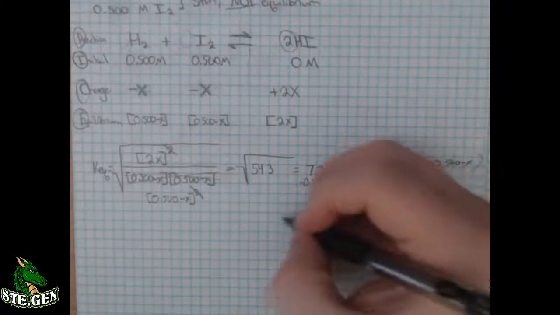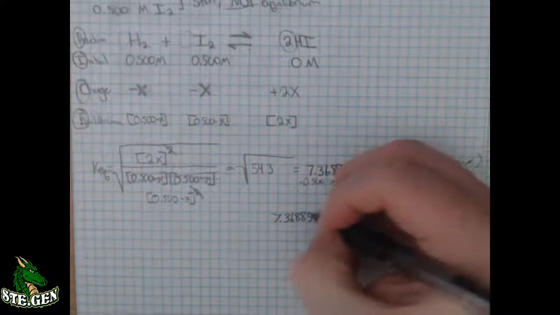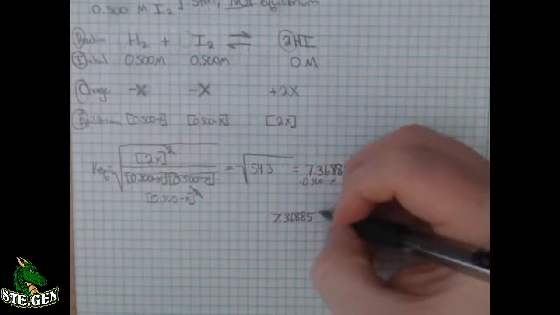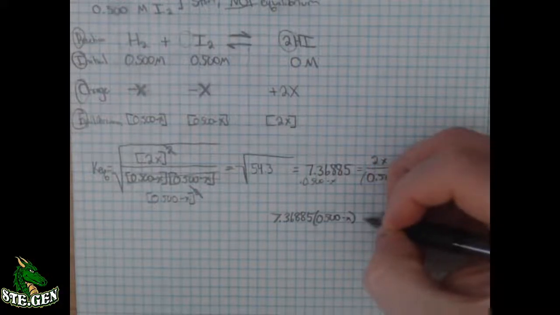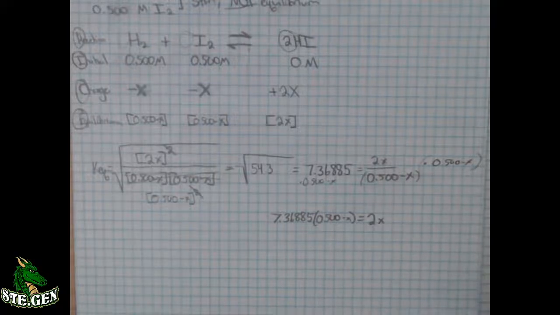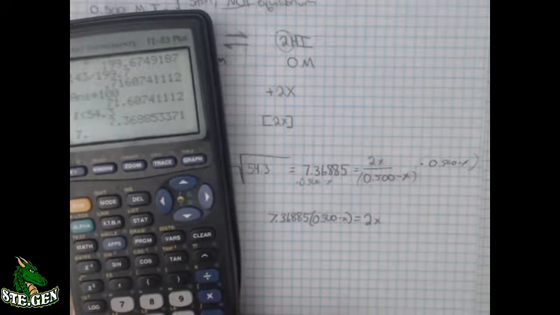We will get 7.36885 times 0.500 minus x equals 2x. We're going to distribute this to both pieces. So I'm going to shorten it just so I can make sure it matches exactly what I have on my actual paper.